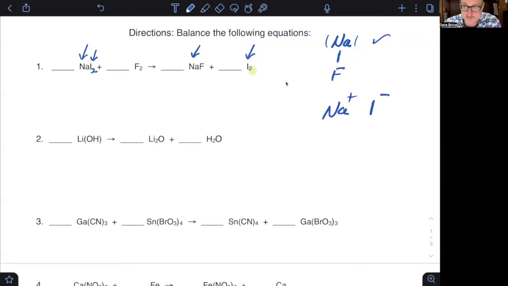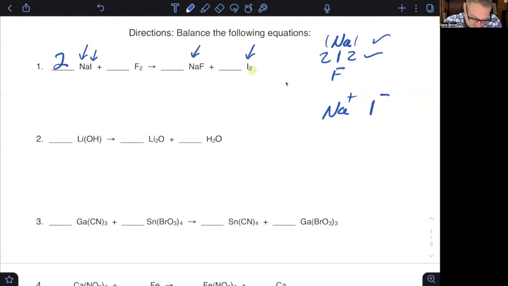That goes together as a 1-to-1 ratio. So NaI2 is not a thing. I can't make that. But what I can do is go ahead and put a 2 here. And now I have 2 on both sides. Now that changes my sodium, but I always want to finish and go to the end before I start trying to go back up to something else.